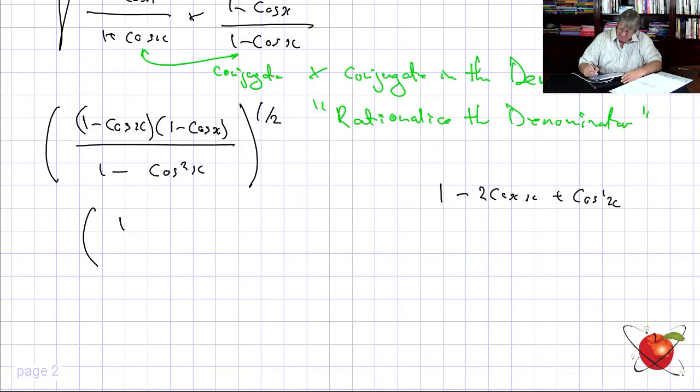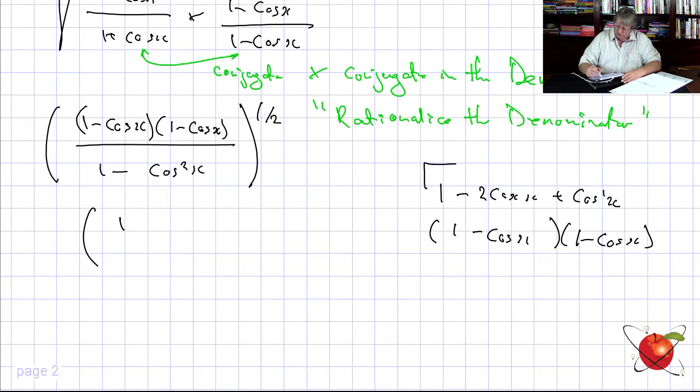Hang on, that didn't help me. It didn't help me, did it? No. Because if I factorize this, I get 1 minus cos x times 1 minus cos x.